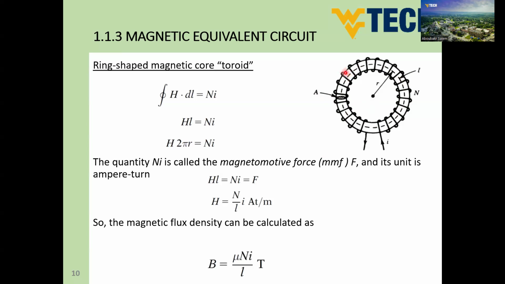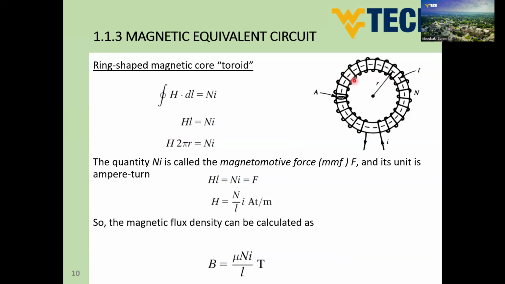If you assume that, for instance, the diameter of this toroid is like 10 centimeters, we will take the average length at 5 centimeters, exactly in the middle of the magnetic material. So this is called the average length.